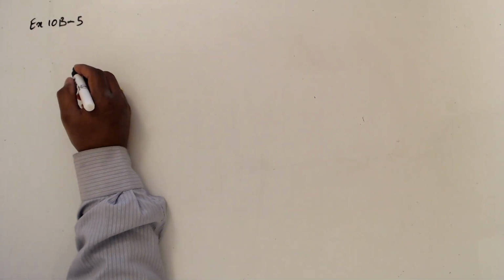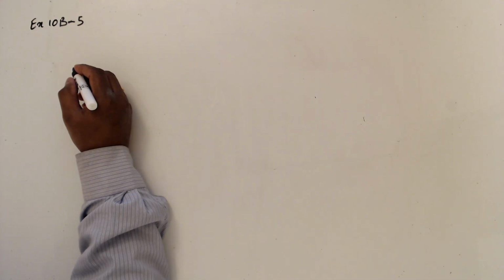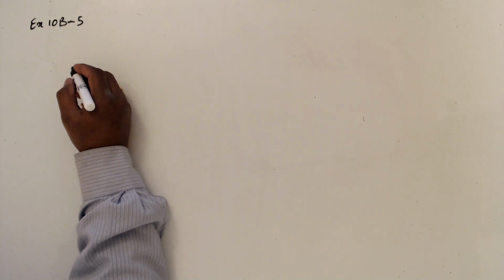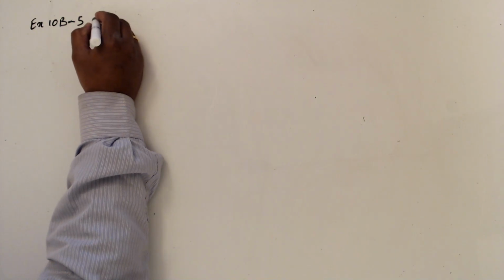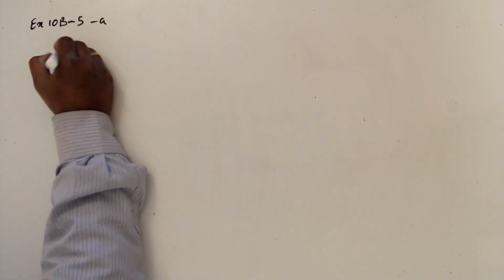Question number 5. We need to find the resultant vector, the magnitude of the resultant vector and the bearing. So this is question 5, part a.